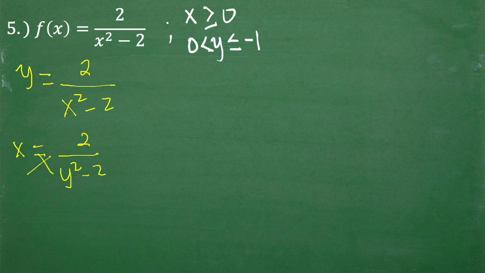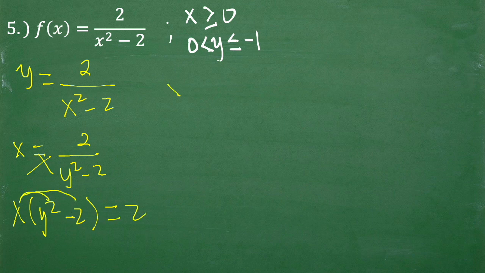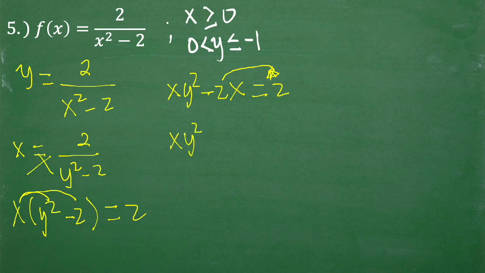And then cross multiply. So x times y squared minus 2 equals 2. And then simply distribute x inside the parentheses. We have x y squared minus 2x equals 2. And then we can move negative 2x to the other side so that we can isolate y on the other side. So we have x y squared equals 2x plus 2.